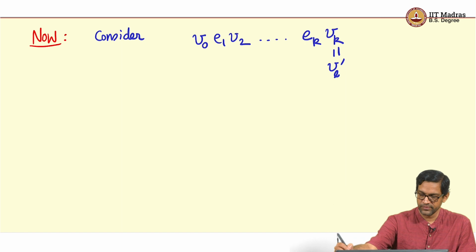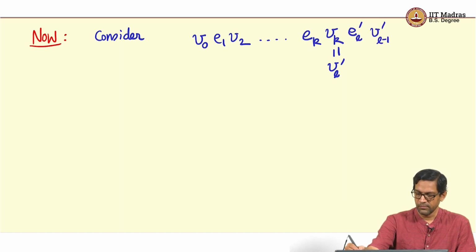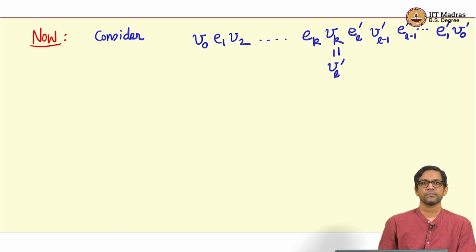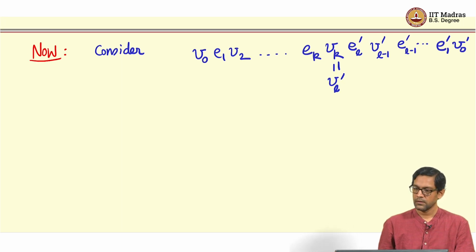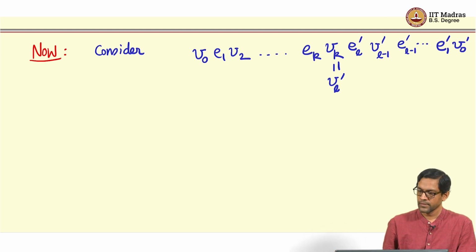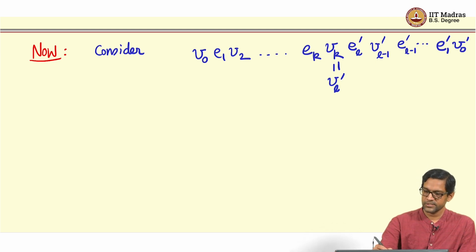Now we attach the second path from that point onwards. So this would be E prime L, then L minus 1, and so on, till E1 prime, V0 prime. I have just attached these two paths together, and this is where the attachment has happened; they are both the same vertex.